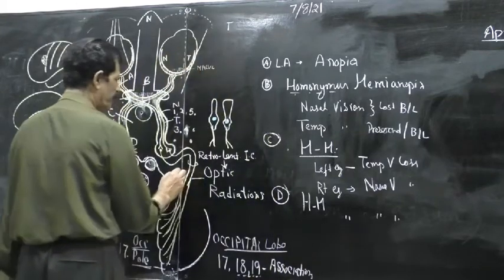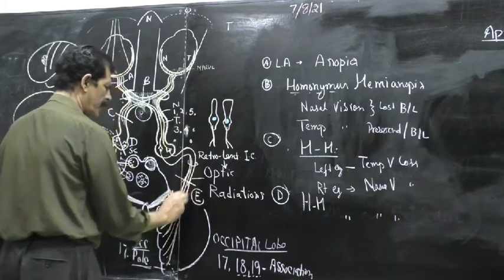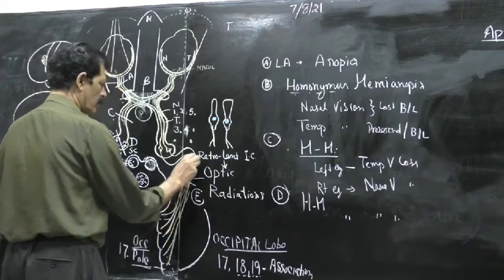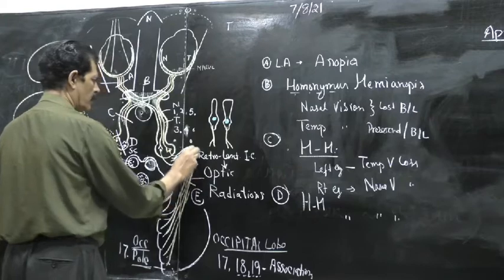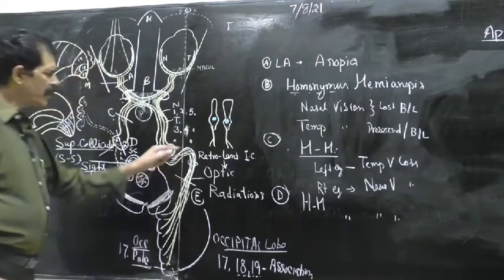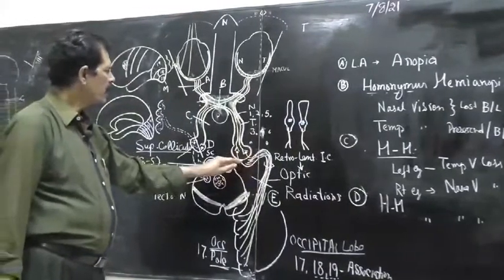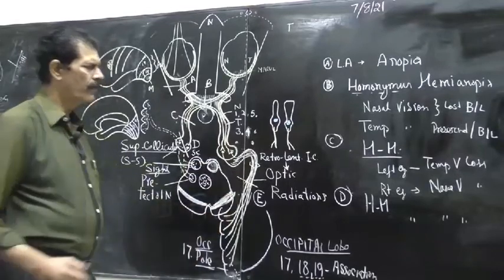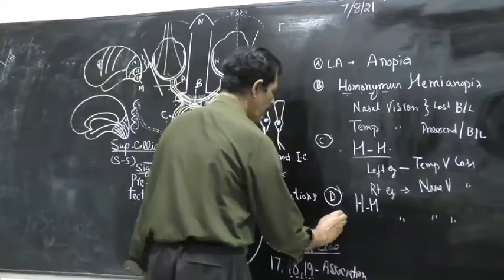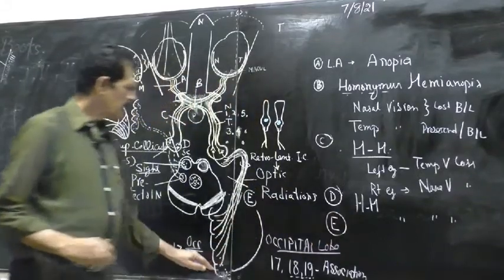The fifth level is E, that is the damage of the optic radiations. So when the optic radiations, which go from the lateral geniculate body to the occipital lobe, are damaged, that is the E level of damage. Here what happens?